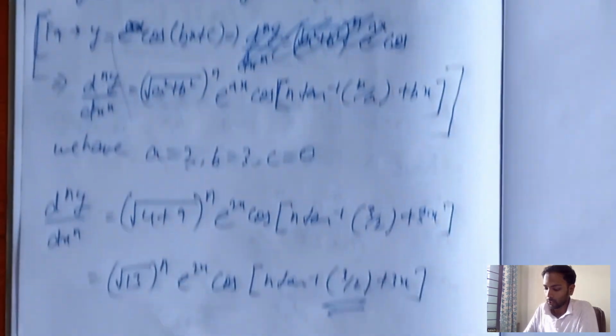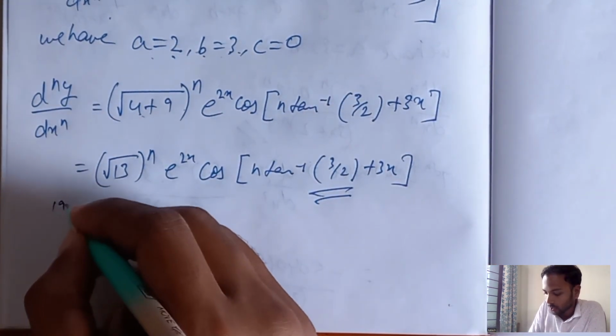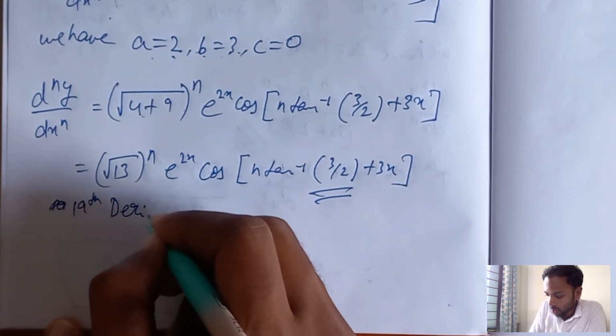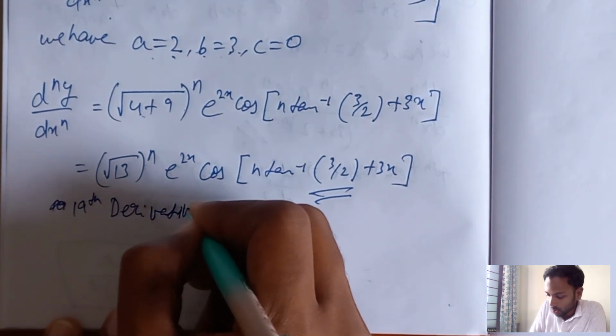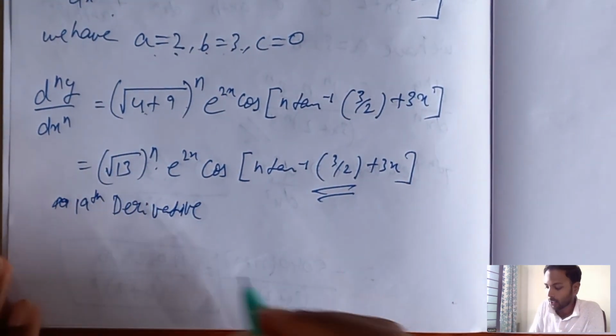Now let's try to find the 19th derivative of this. How to find? Wherever you see n, just put 19.